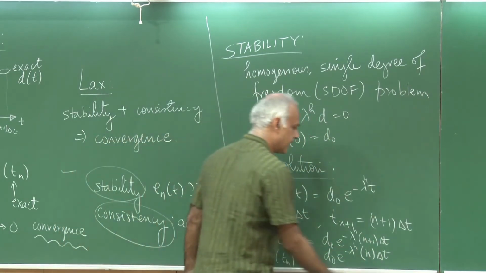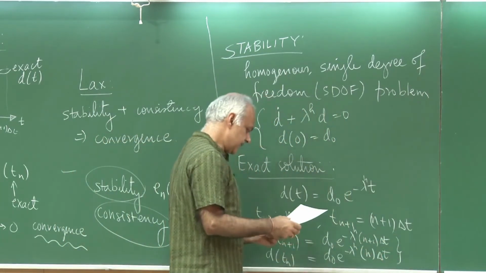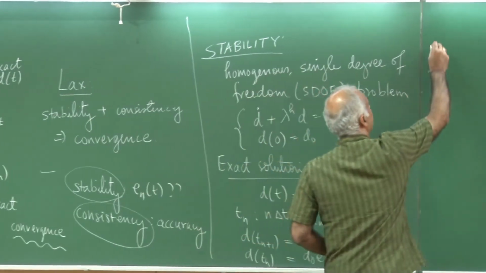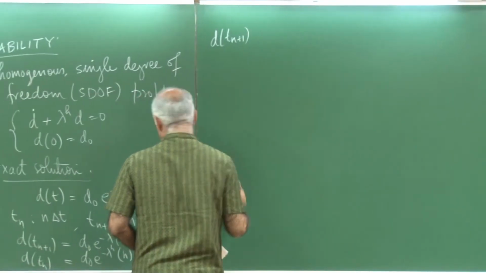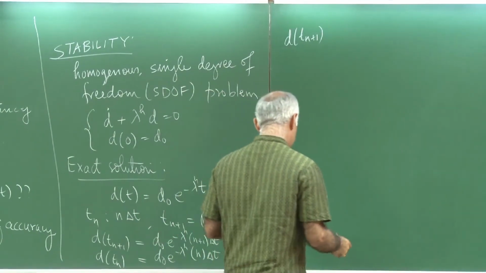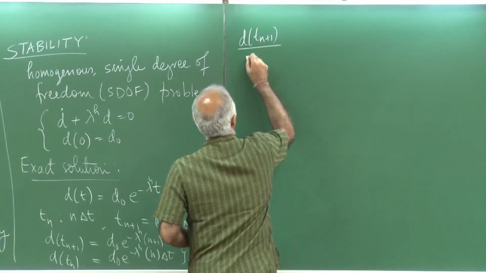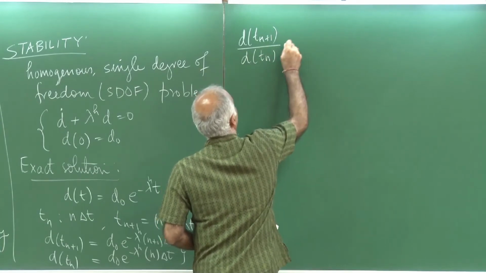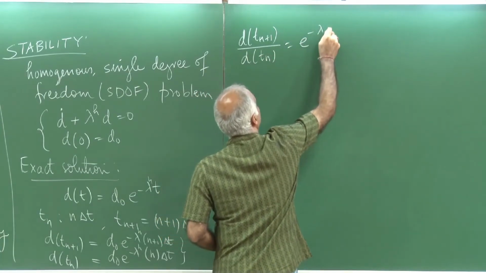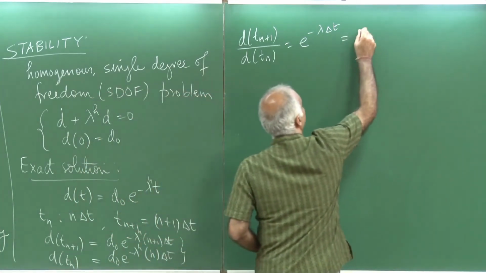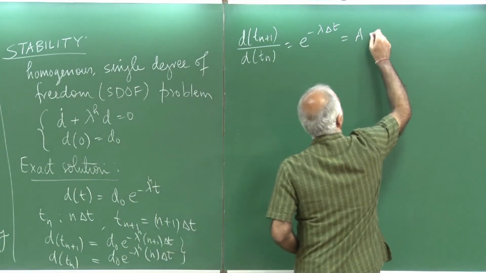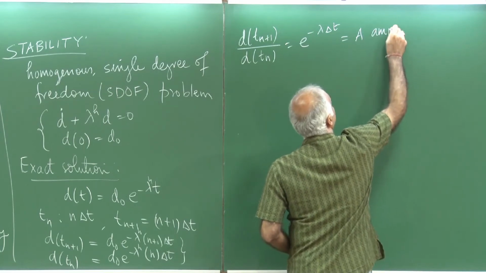And I can combine these two equations and I would get the following, that d at t n plus 1 is simply given as e raised to the minus lambda delta t times d at t n. So, this I can call A, which is the amplification factor.